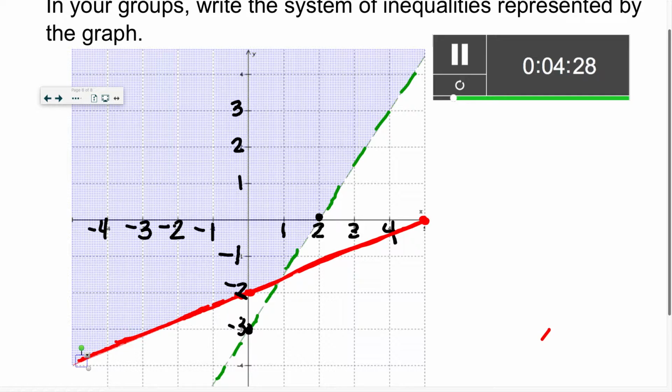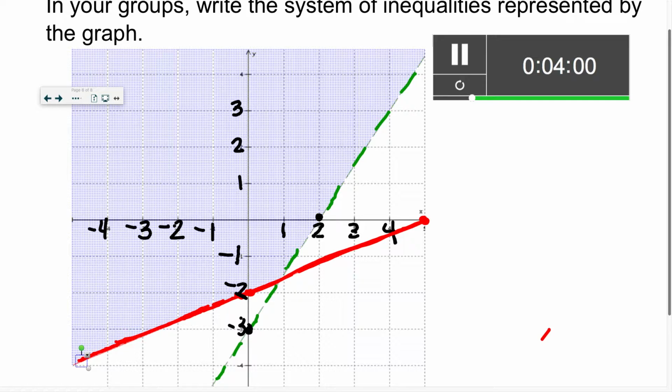Okay, so we know that the sign for the red one is going to be less than or equal to, or greater than. We have a y-intercept. Y is less than or equal to, or greater than or equal to, something x minus 2.